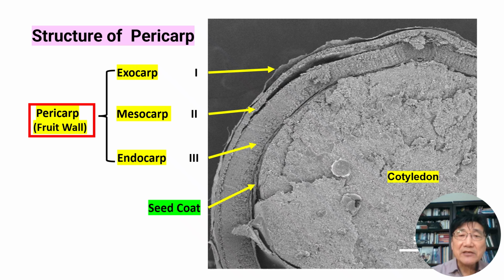As you can see here, the exocarp is very thin, the mesocarp is thicker, but the endocarp is severely thick. They are collectively called the pericarp. Cannabis fruit contains a single seed encased in a pericarp or a fruit husk. Additionally, there is another innermost thin layer, the seed coat, which directly surrounds the seed.